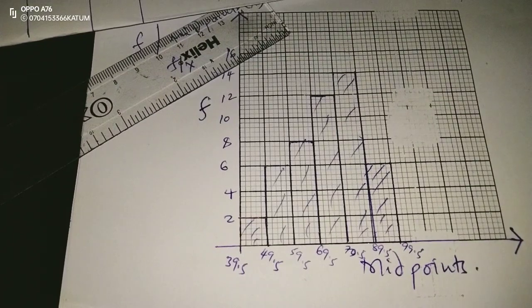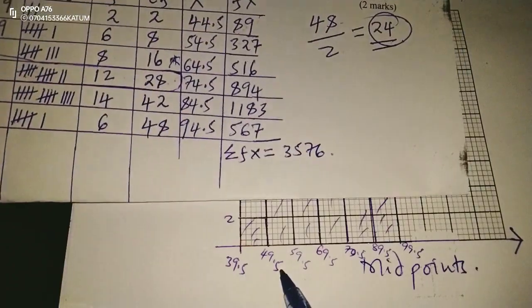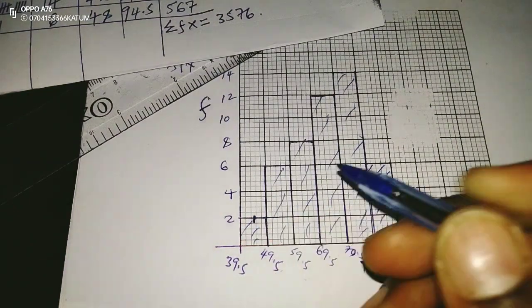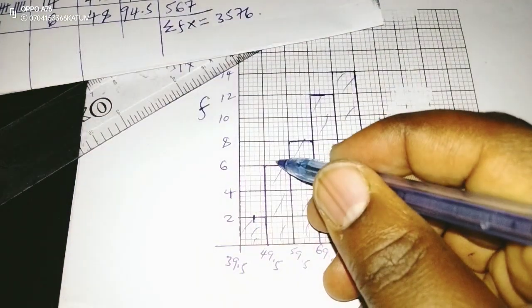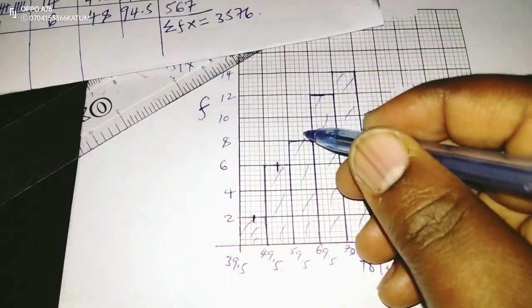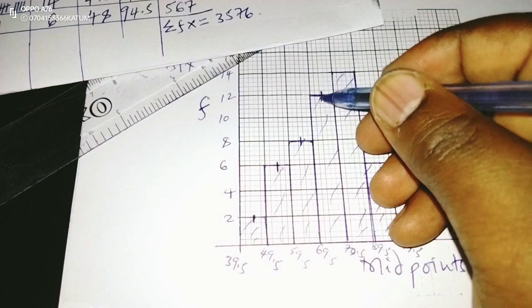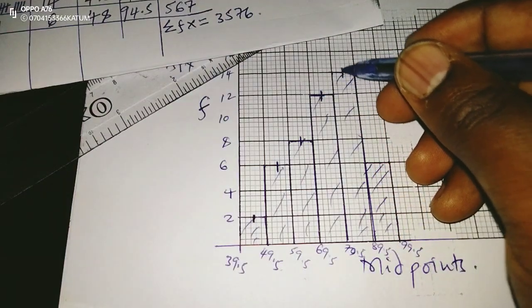For example, 39.5 and 49.5, when you add and you divide by 2, you are going to get 44.5. So that means this is the midpoint exactly at the center. Even for this one, this is going to be the midpoint.